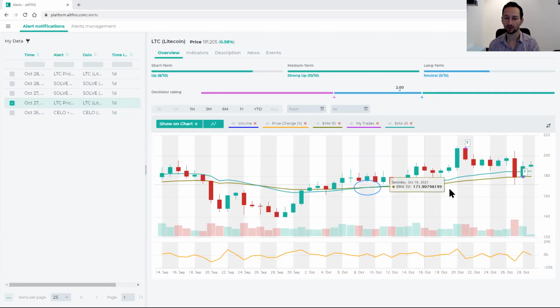Now, unfortunately, when I did that scan, several days had passed, and because I was impatient and kind of forcing a trade to demonstrate the strategy, my entry was poor.